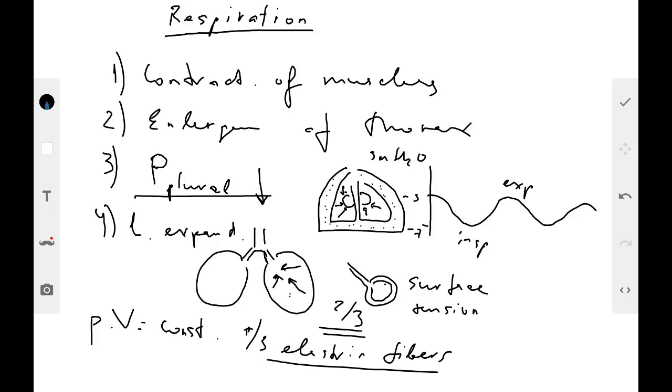That's why when the volume increases, the pressure decreases. So the fifth stage is that the pressure inside the lung decreases, and therefore air passively goes into the lungs. So air fills the lungs. So that's how inspiration happens. Okay.